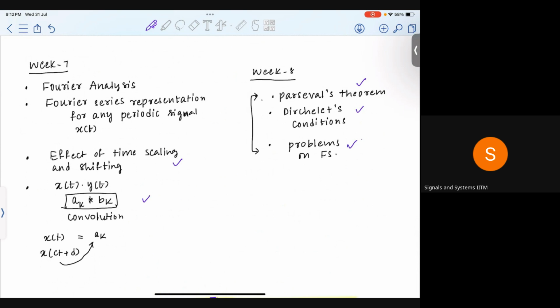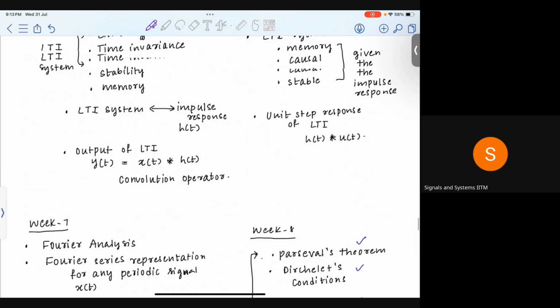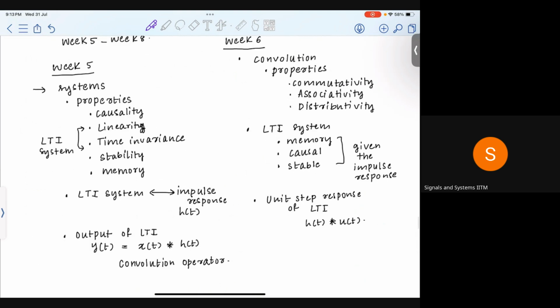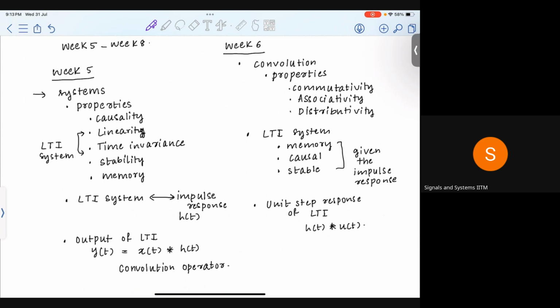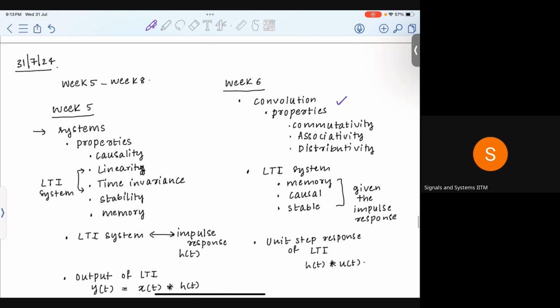Okay, so week 8, week 7, I hope you guys are good, right? All right. So week 6 and 5 we covered many times. Whatever we have seen now, we are okay with what this convolution operator is and what we mean by the commutativity property of convolution.